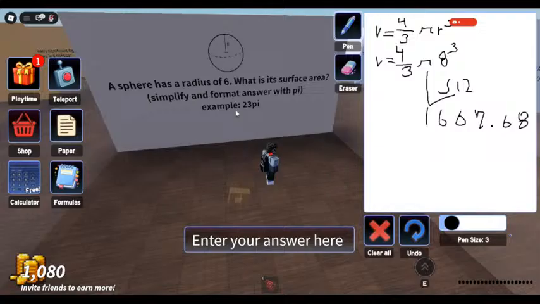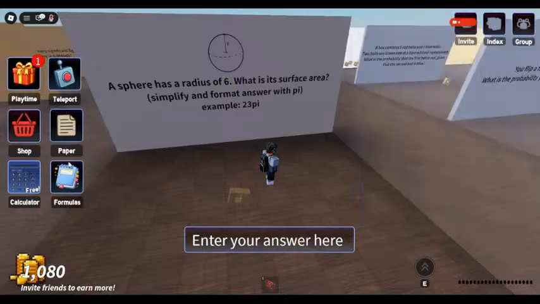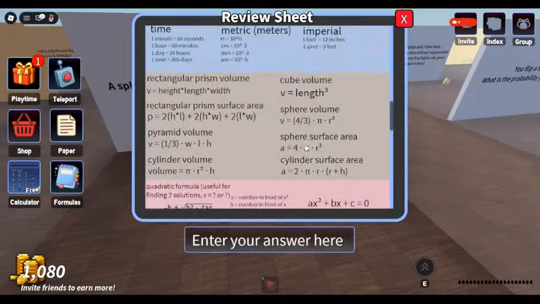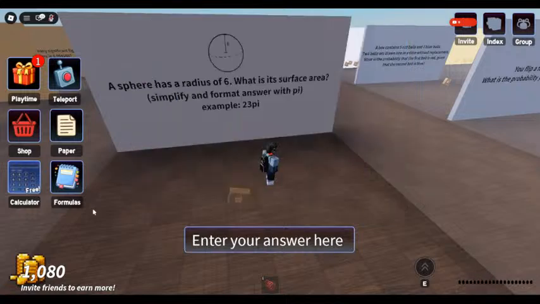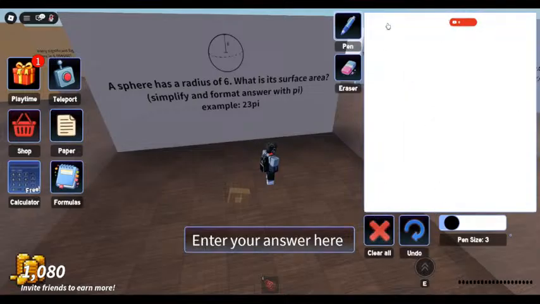Oh, surface area. I forgot the surface area of a sphere. Here, 4 pi r squared.